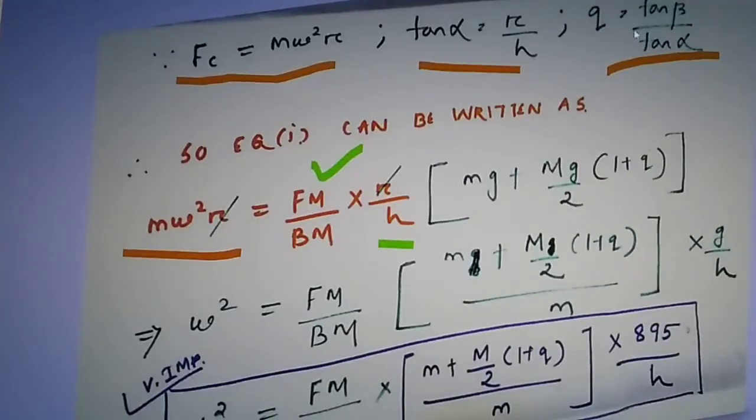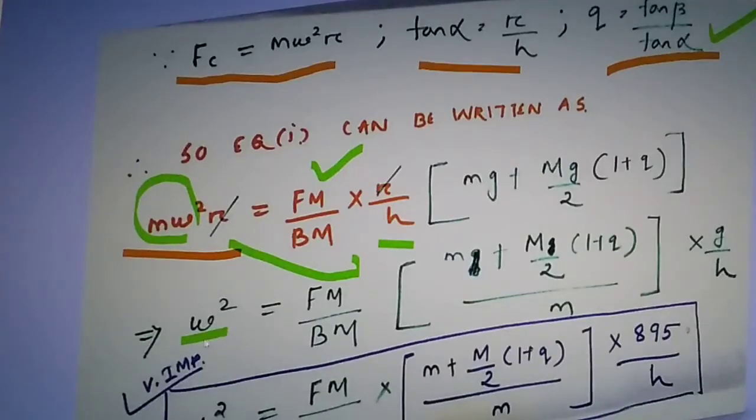So R will be cancelled out. M will be divided in the right hand side. So in the LHS only omega square will be there.